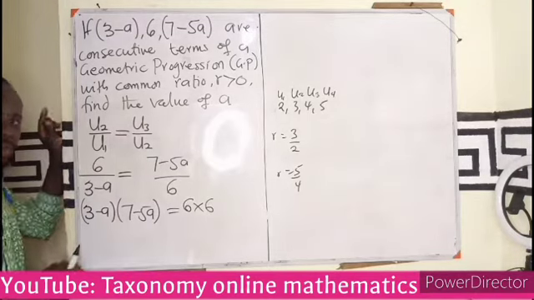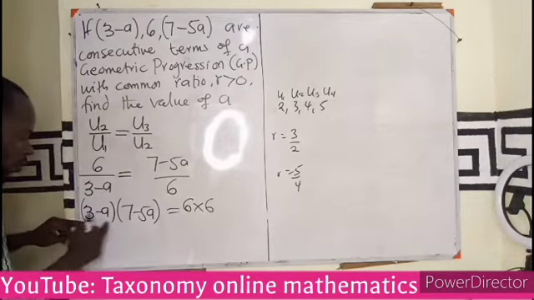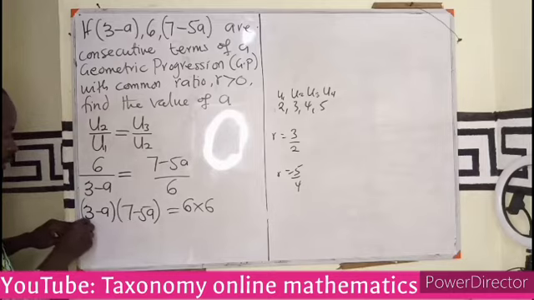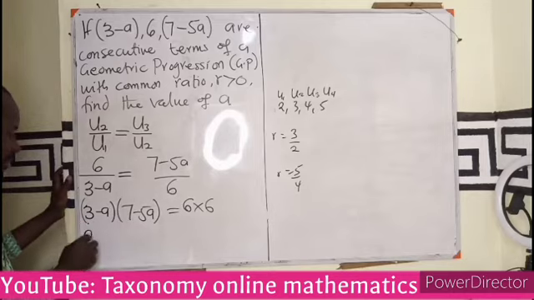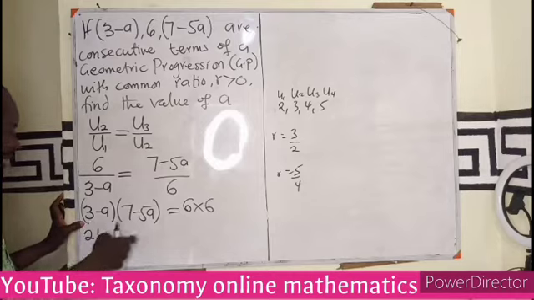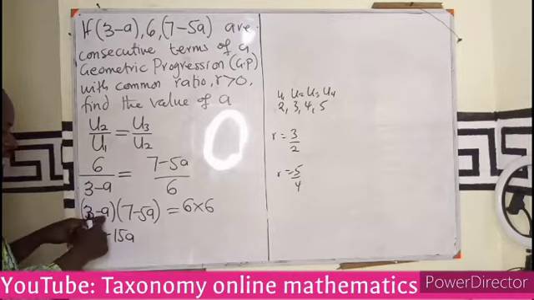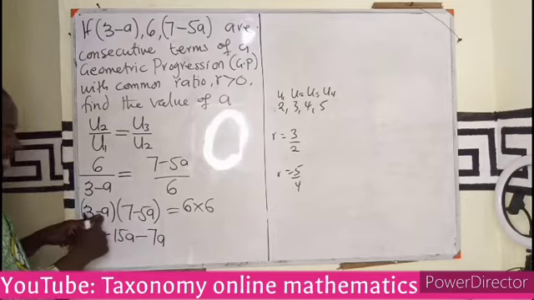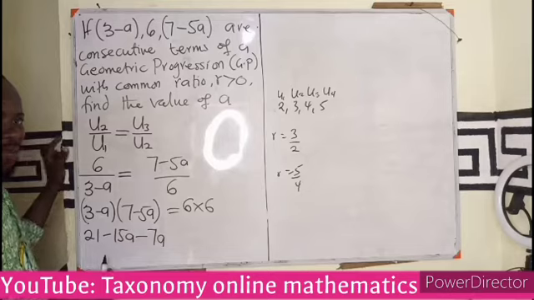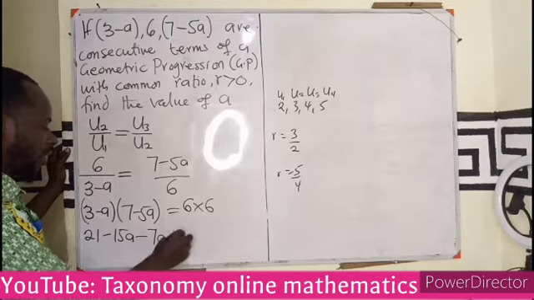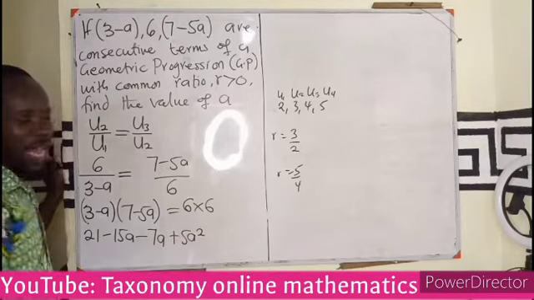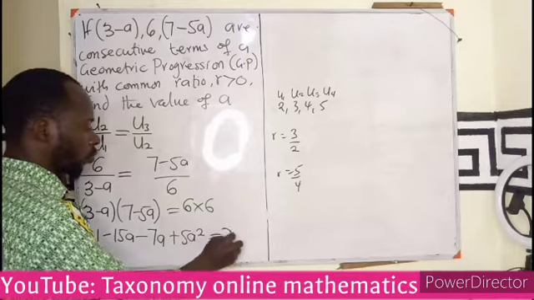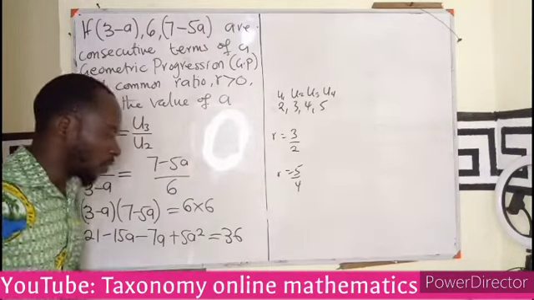Here we can expand using the FOIL method. 3 times 7 is 21, 3 times minus 5a is minus 15a, minus a times 7 is minus 7a, minus a times minus 5a is positive 5a squared, all equals 36.